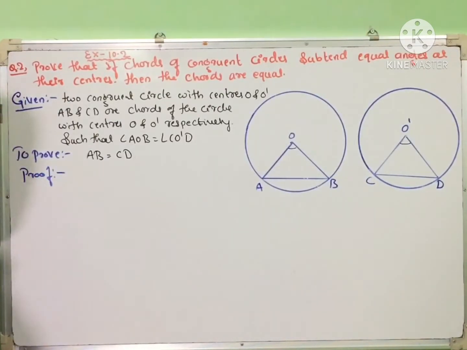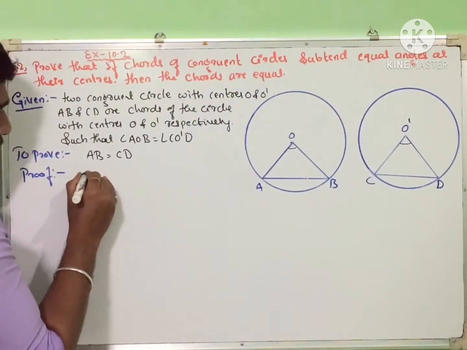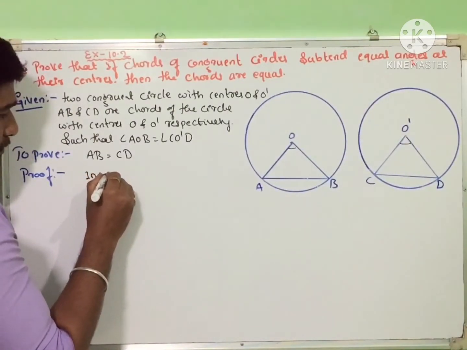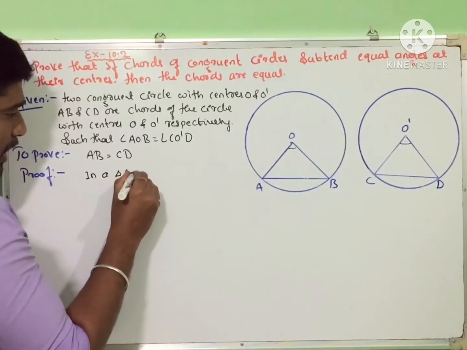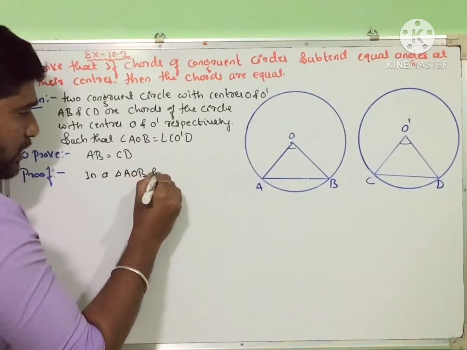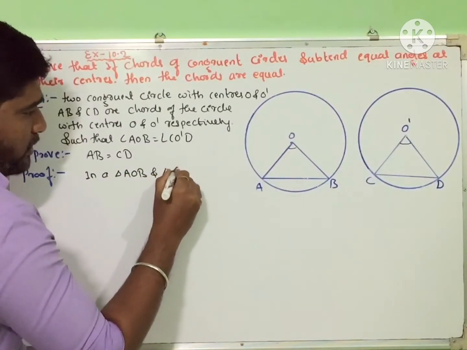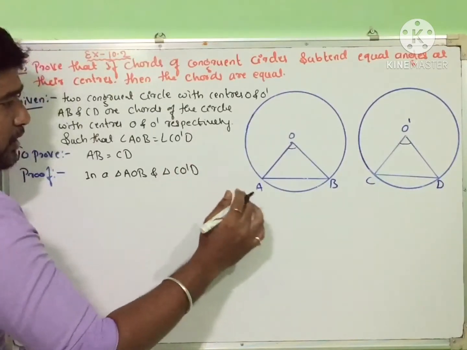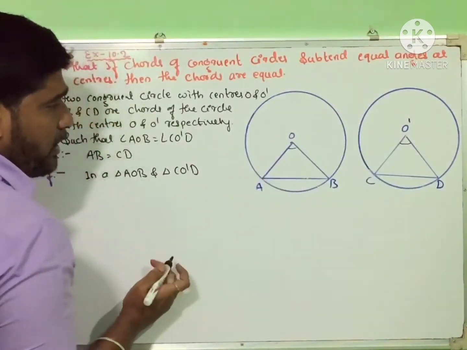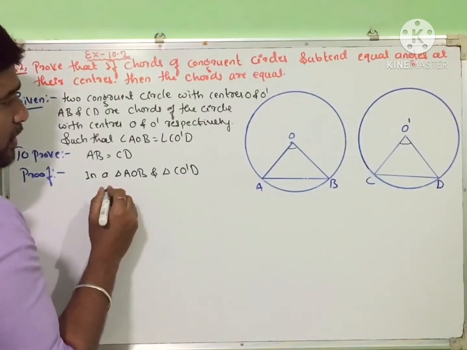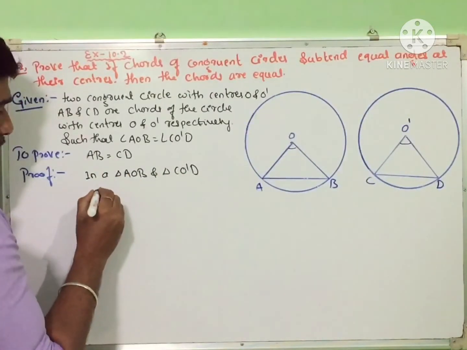So prove here. In triangle AOB and triangle CO dash D, in these two triangles, the subtended angles are equal, they only given, right?